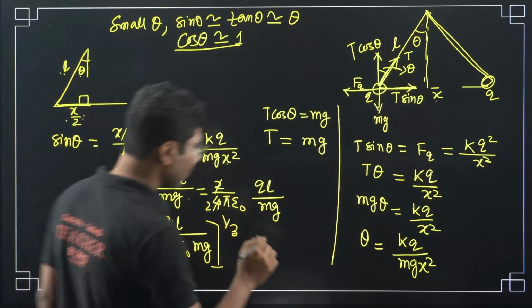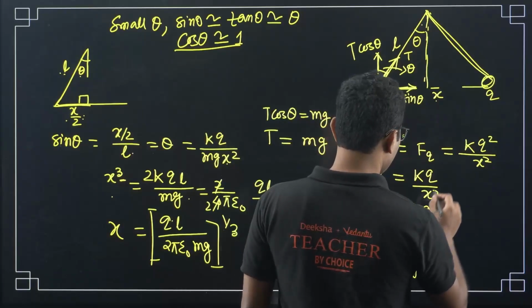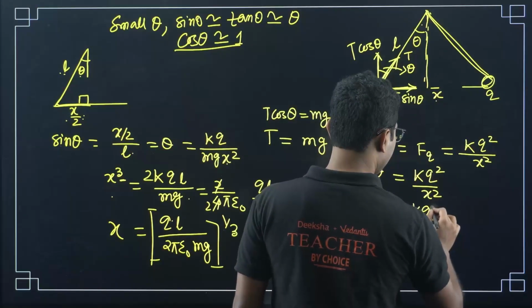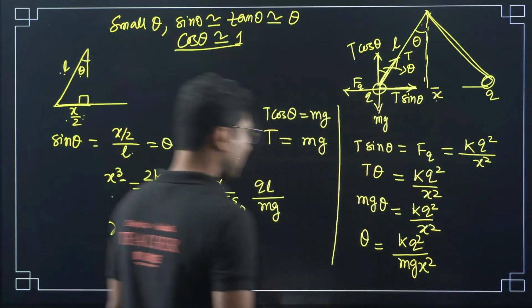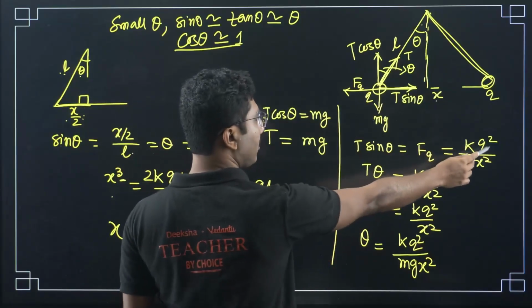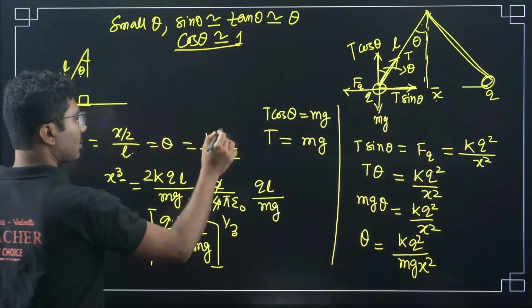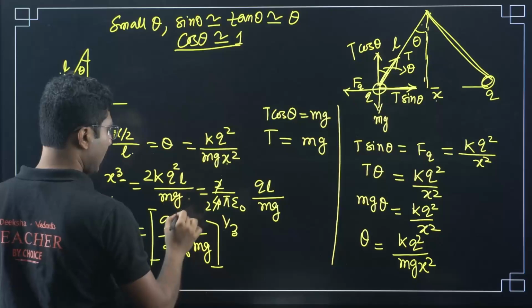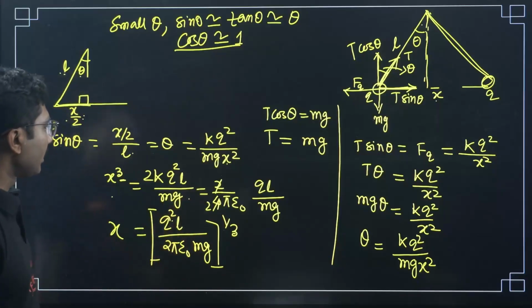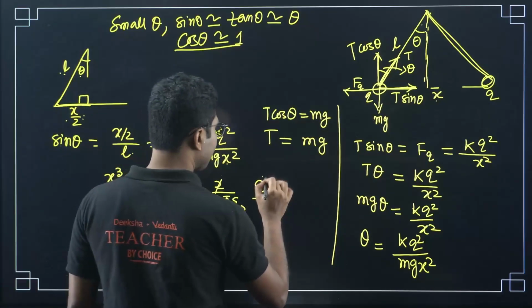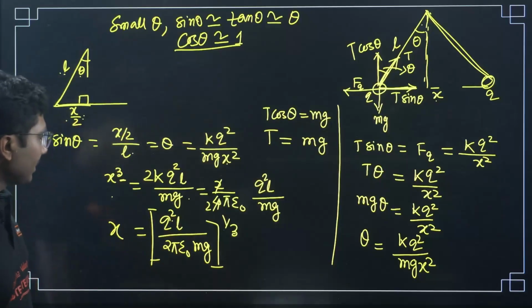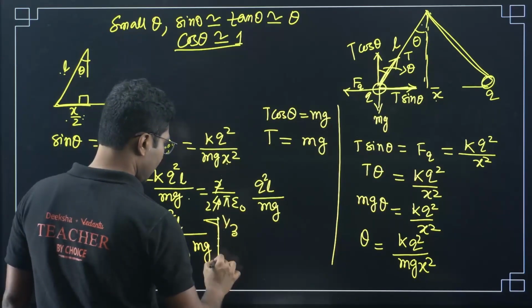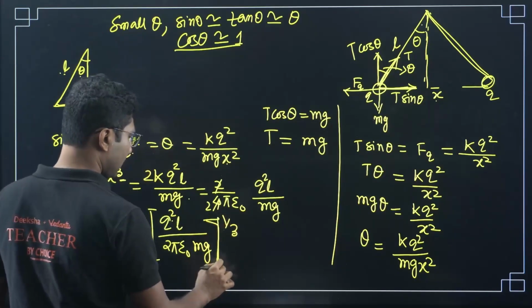Also, I made a mistake over here. There was a square. Okay, I missed it. There was a square from this step, if you remember. That square got missed. Sorry for that. I know some of you will try to point me out in the comment below saying, sir, square is missing, square is missing. Yes, it is missing, it is corrected.